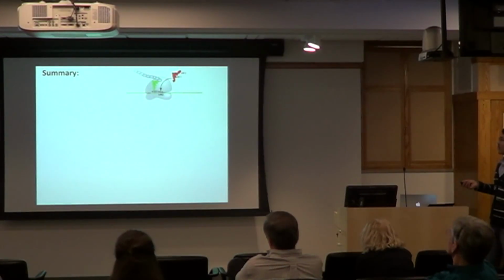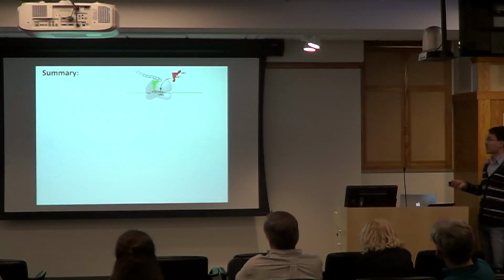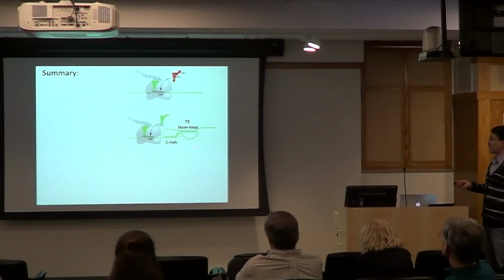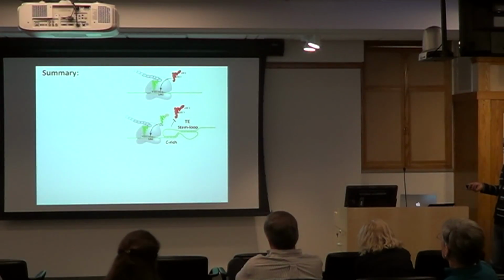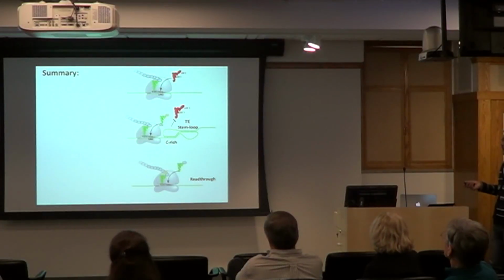For the RTP, for the read-through translation, there is a translational enhancer downstream of the stop codon, and it can form a double structure, and through communication with the cysteine-rich domain, inhibit the release factor from coming, and then the translation will continue, and the read-through protein will get translated.